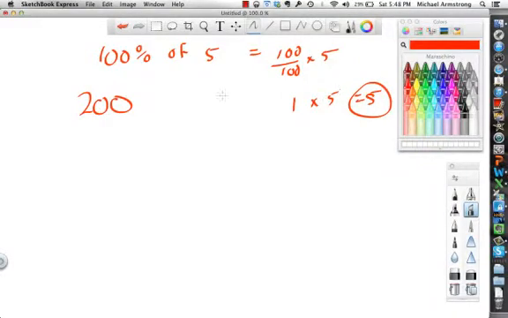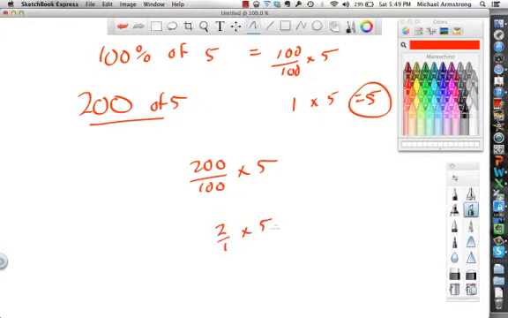That's all of it. But 200% of 5 is going to be twice as much as 5. So you're going to have 200 over 100 times 5, which 200 over 100 is really 2 over 1 times 5, which is just 10 over 1, which is just 10. So you started with 5 and now you have twice as much. When you have 200% of a number, it grows, you get twice as much.